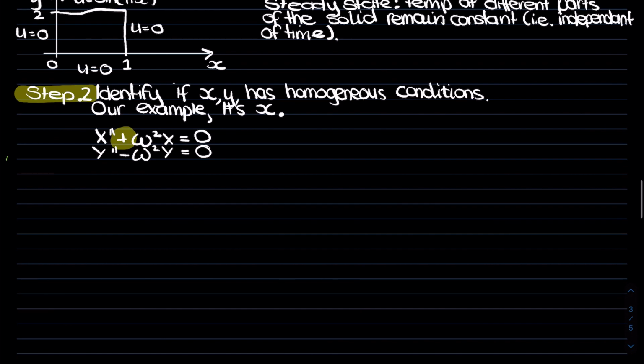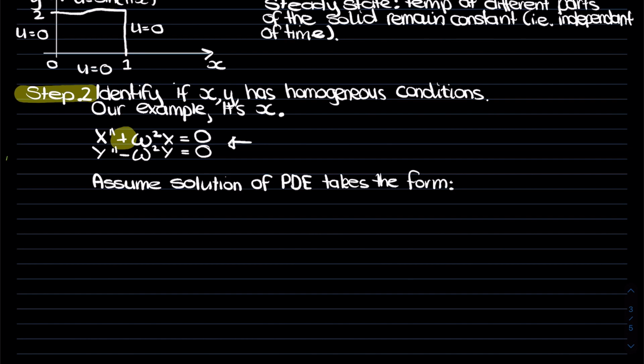So what we're going to do is go through the process of separation of variables. We're going to assume the solution of the PDE takes the form of u of little x, little y equals big X of little x times big Y of little y.